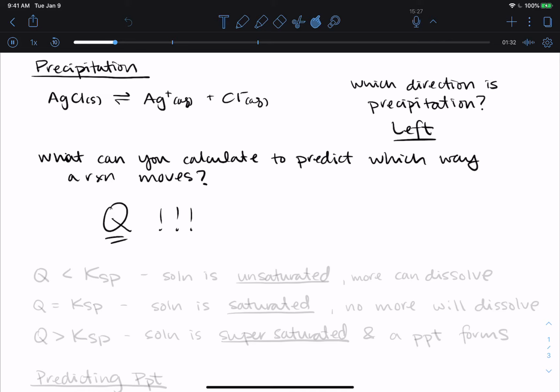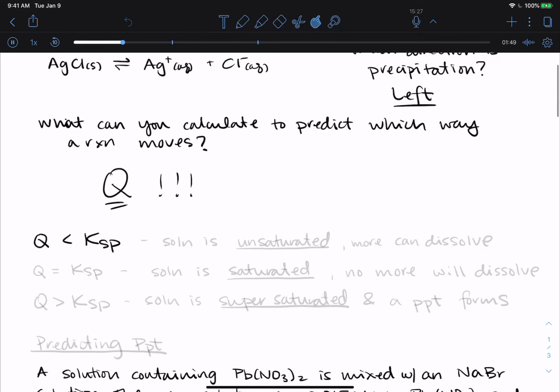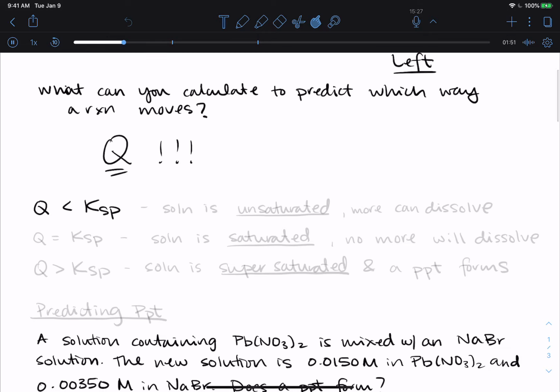So for these equilibrium expressions for insoluble salts, what we are looking at and seeing, right, Q less than KSP, based just on this, Q versus the equilibrium constant, this reaction would move to the right. The terminology that we use when it is a salt going into solution, we say that the solution is unsaturated.